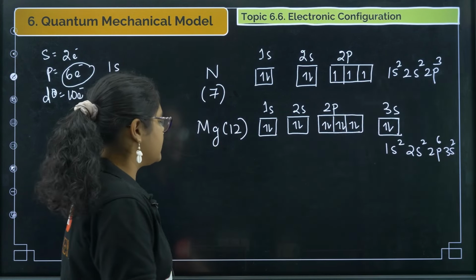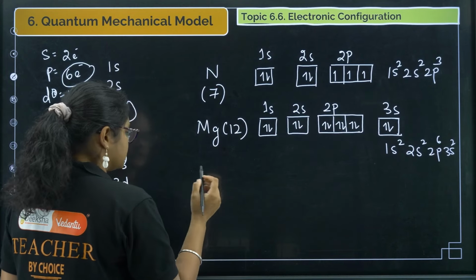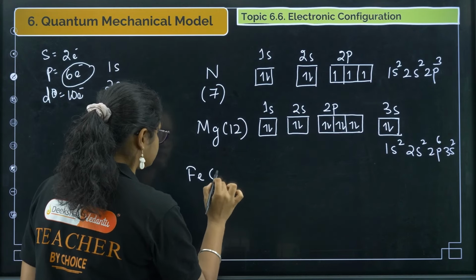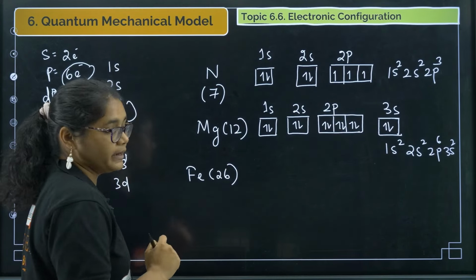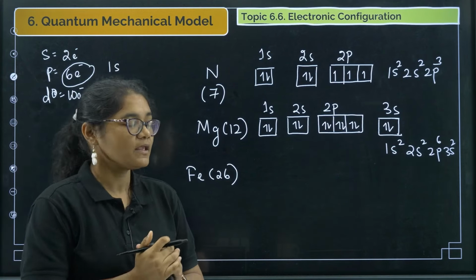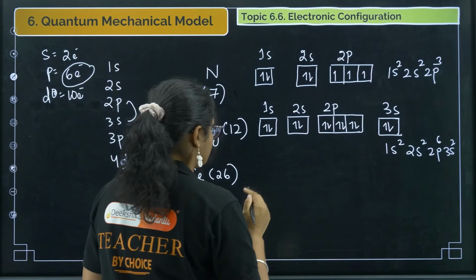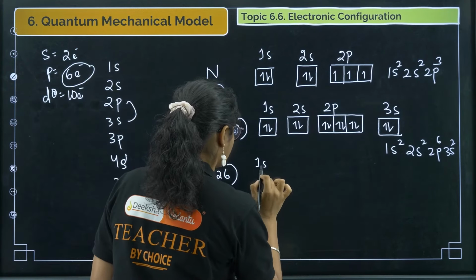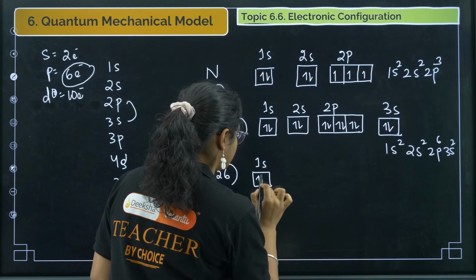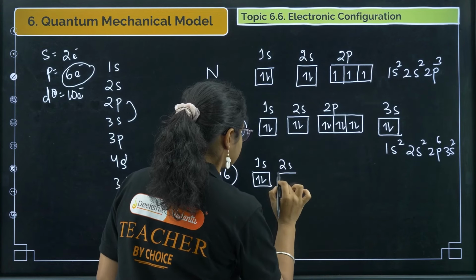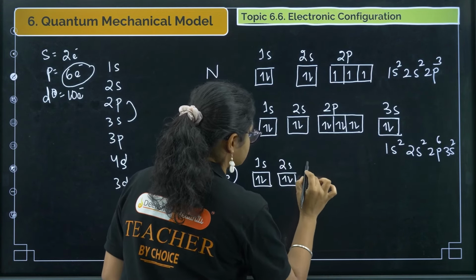Now let us see one more example, for example, iron. Iron has atomic number 26. Now if you see, 26 I want to do, so first I'll do 1s. We have 1s with 2 electrons. Next I have 2s, which will have 2 electrons.